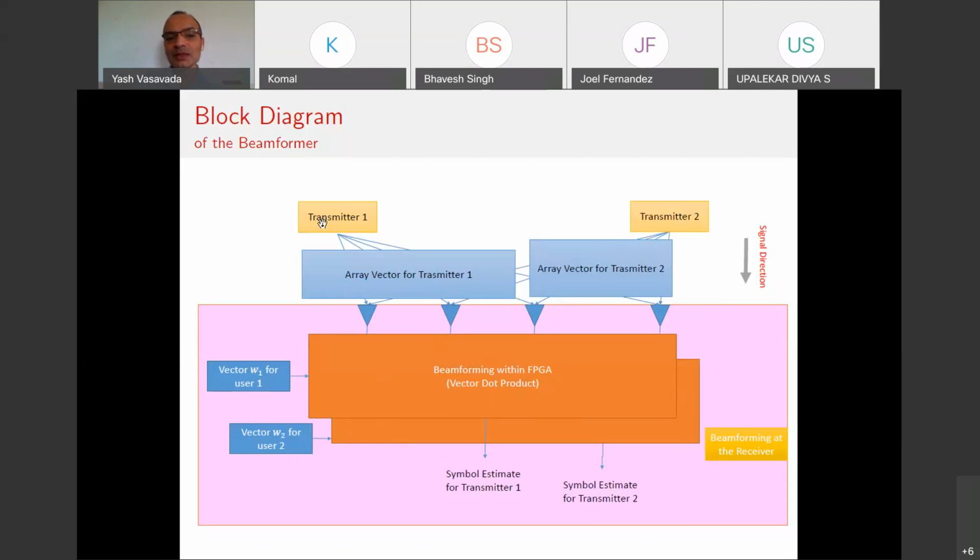And here again, we are assuming that we somehow know the direction of arrival for user 1 and user 2. And so we get basically an extension of the single user matched filter.